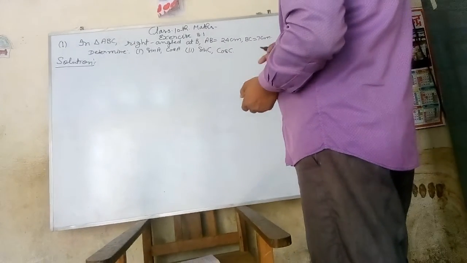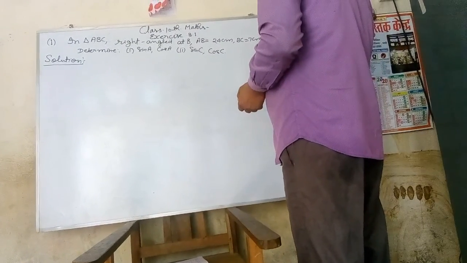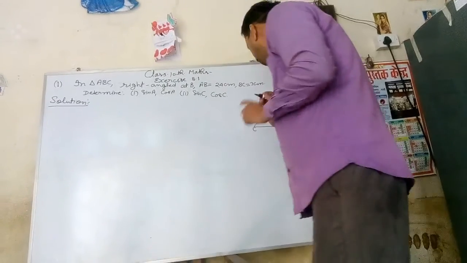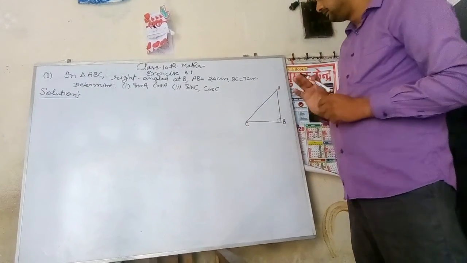and given that A, B, C, we can write here A here or C here.